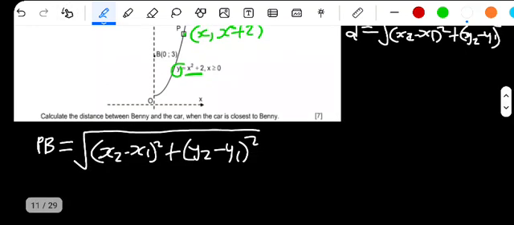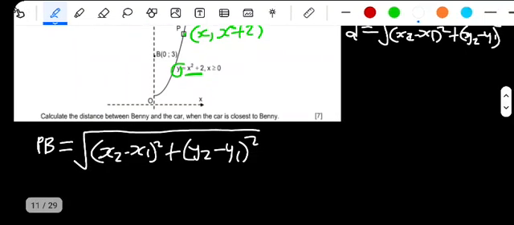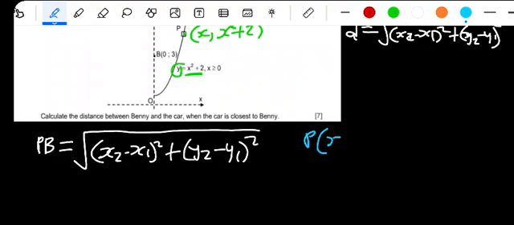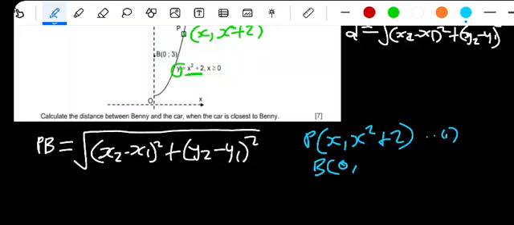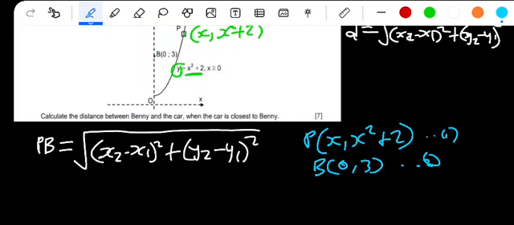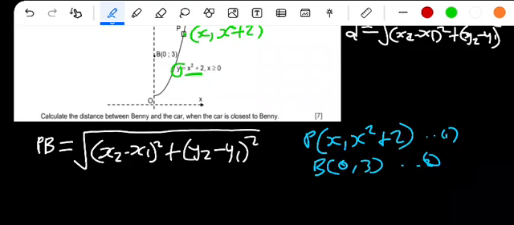Point P will be (x, x squared + 2). This is our first point. Then we are given point B, which is (0, 3). It is our second point, so we can apply the distance formula there.